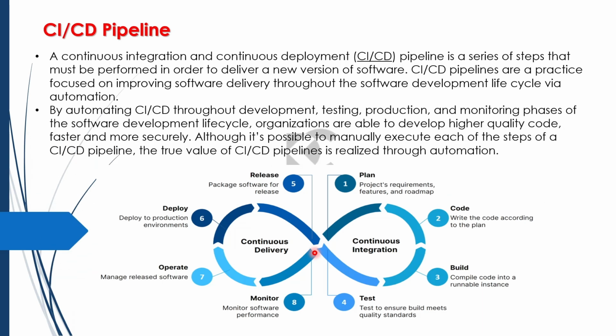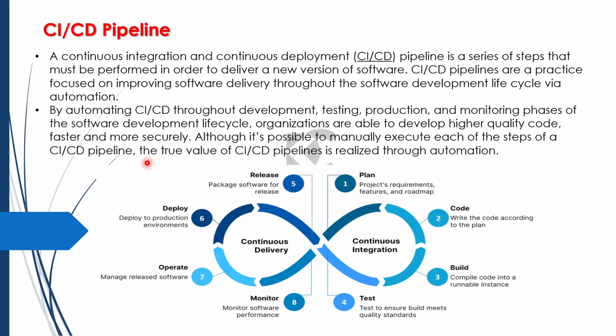By automating CI/CD throughout the development, testing, production, and monitoring phases of the software development lifecycle, organizations are able to develop high quality code faster and more securely. Although it's possible to manually execute each of the steps of a CI/CD pipeline, it will not be called DevOps, because DevOps practice is all about automation.